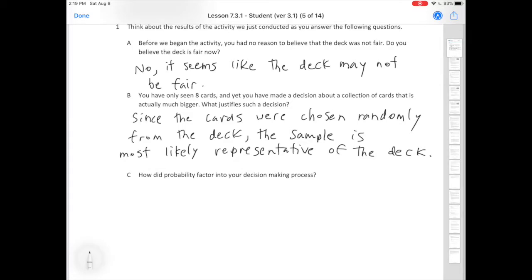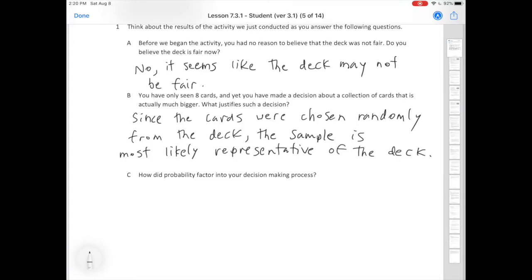How did probability factor into your decision-making process? Well, we agree that I didn't calculate an exact probability, so we don't know how weird it was to get 8 reds in a row, but it seems pretty weird, doesn't it? So let's just say that it is a very unlikely thing. You guys can probably agree that picking 8 red cards in a row out of a deck is probably pretty unlikely, right?